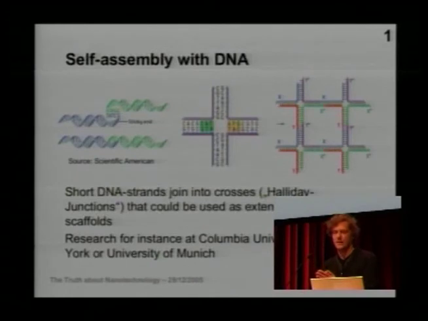This is not a helix anymore. This cross is called a Holliday junction. And then, of course, you can go on and create bigger scaffolds, bigger patterns like on the right side. And the idea behind it is that maybe one day they could use this to assemble processors. They attach transistors to these DNA strands, and then they just put everything together, wait a bit, and it assembles by itself.